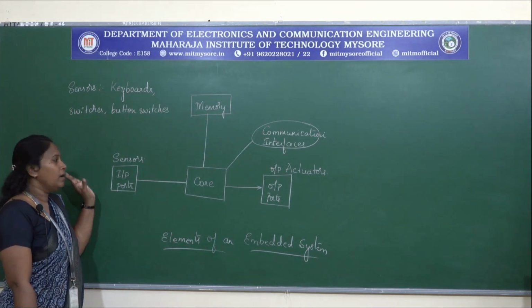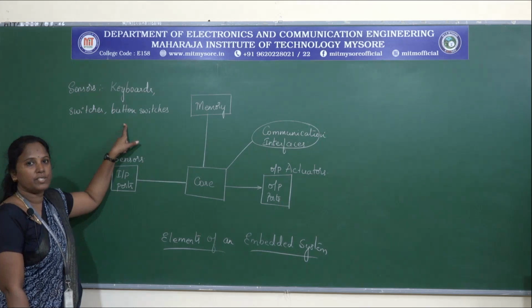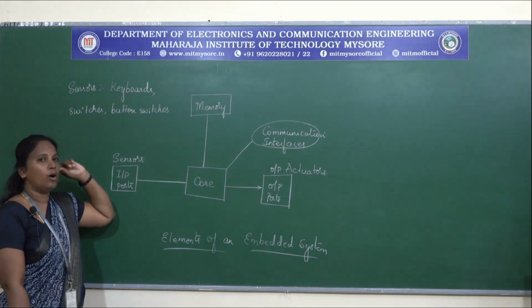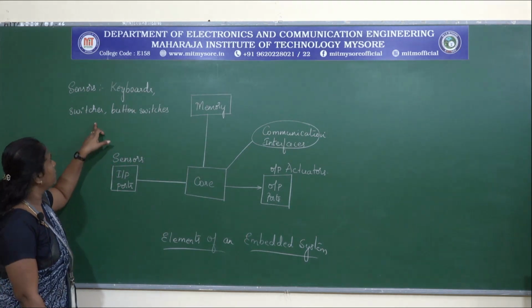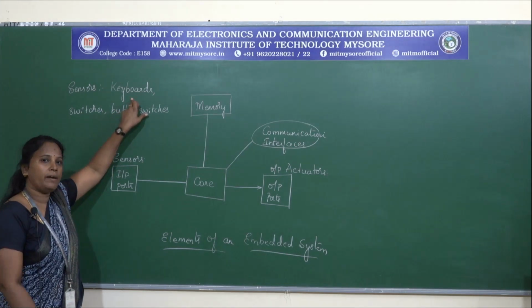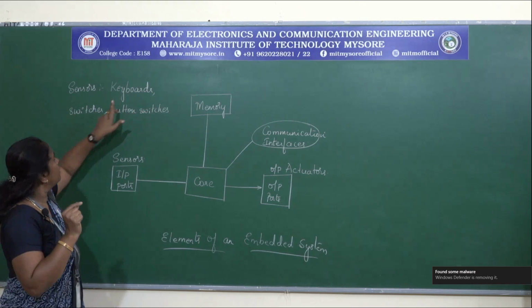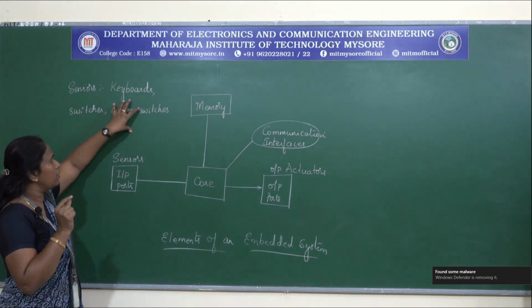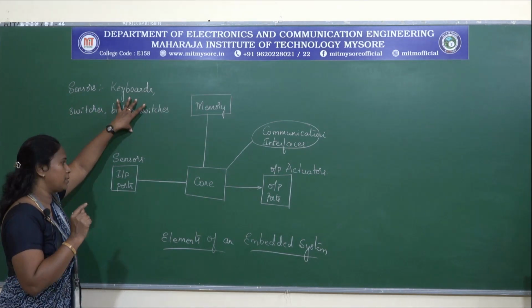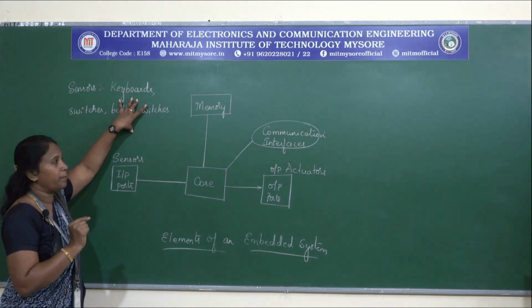That means with the help of a switch we can turn the light on or off. Similarly, with a keypad we are going to input something. So these all form the input of any embedded system.